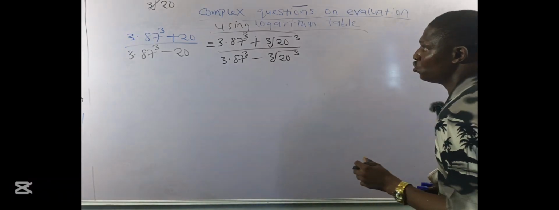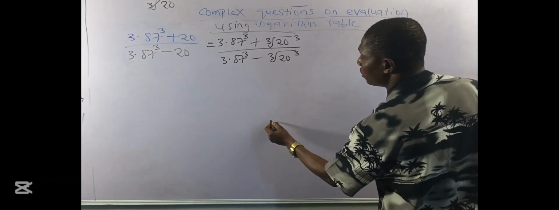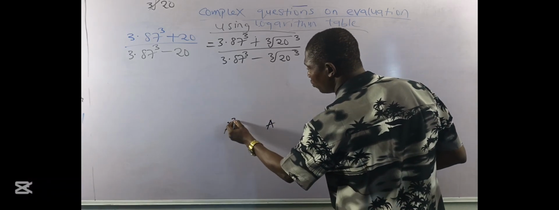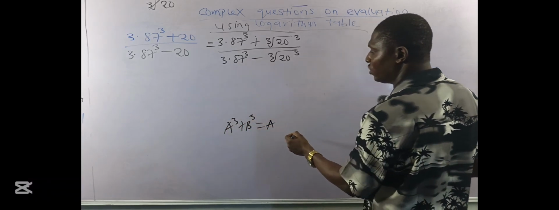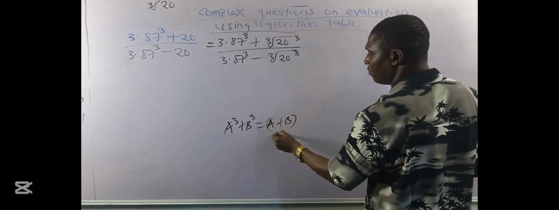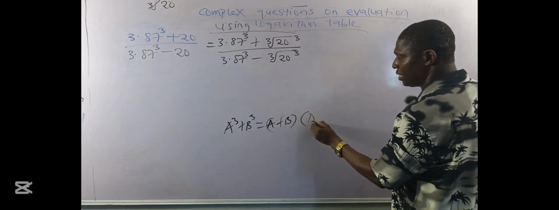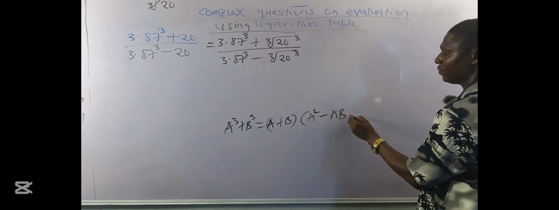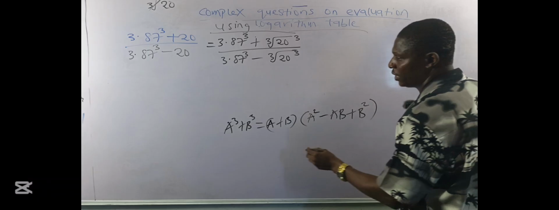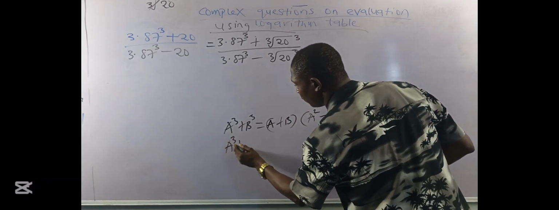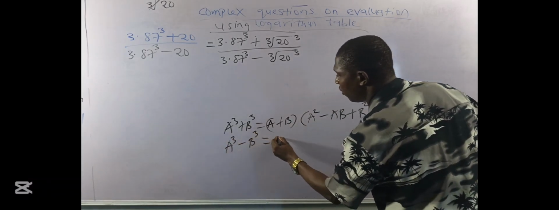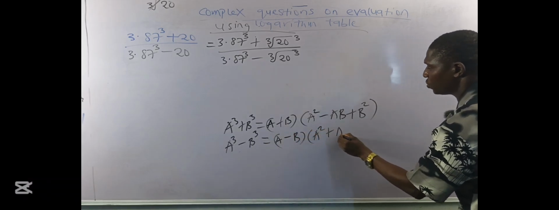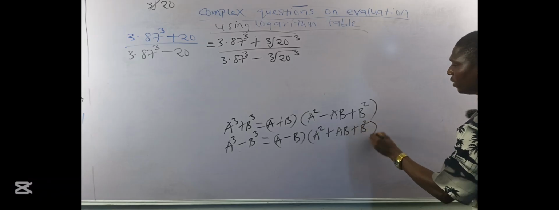Sum of 2 cubes is simply, if I'm using a and b, if I have a raised to power 3 plus b raised to power 3, this will give me a plus b in brackets a square minus ab plus b square. And for difference of 2 cubes, I'll have a minus b in brackets a square plus ab plus b square.